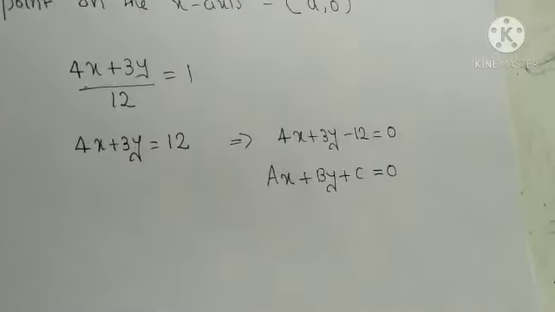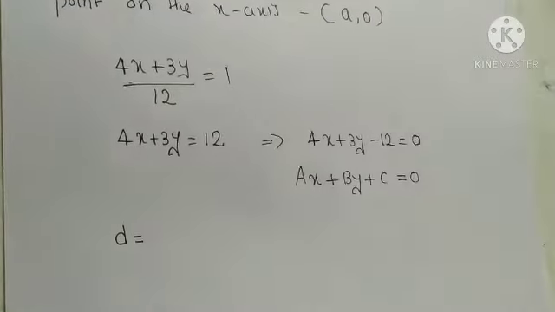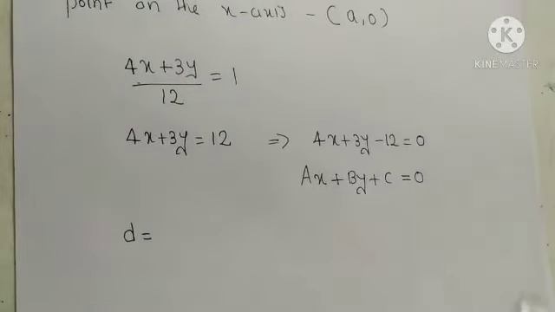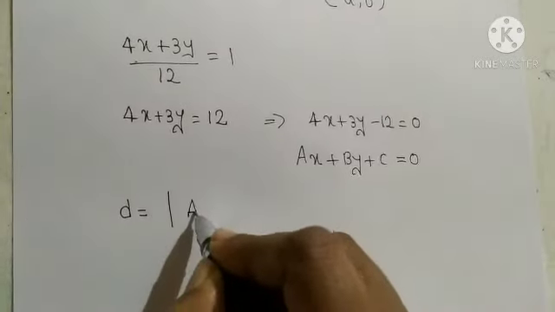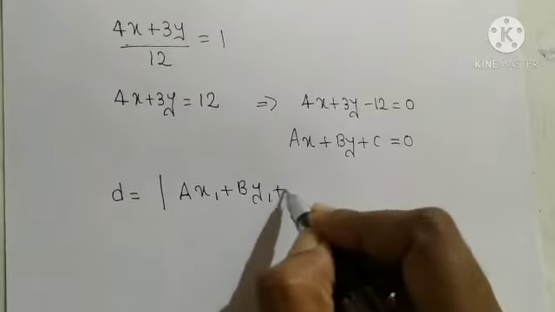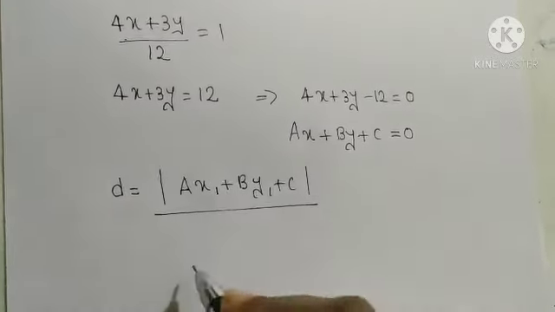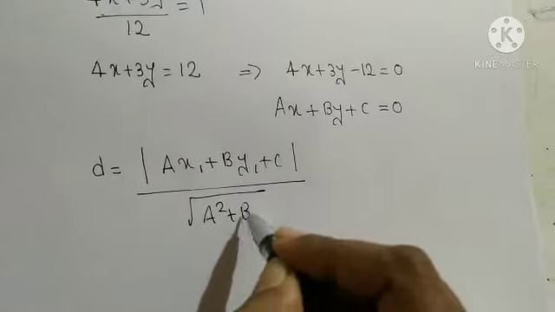Okay, and we know that d is the distance from a point to the line. So this can be found by using the formula mod ax1 plus by1 plus c, whole divided by root of a square plus b square.